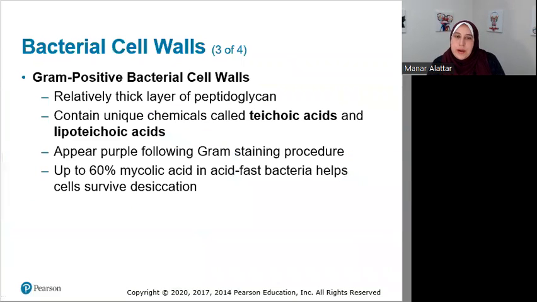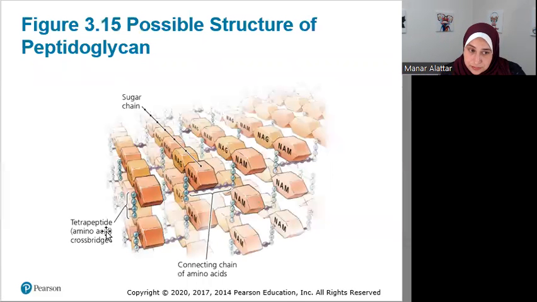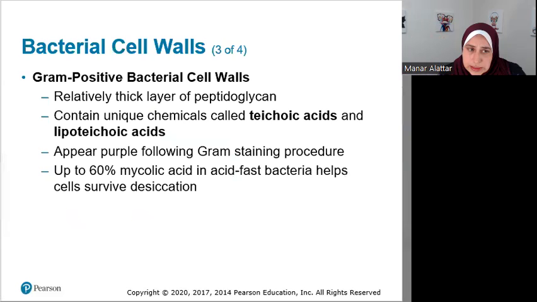So first, we're going to talk about gram-positive bacterial cell walls, and those are the organisms that have a thick peptidoglycan cell wall above or covering their cell membrane. And so we know that they have that thick peptidoglycan component. They have a couple of other things.